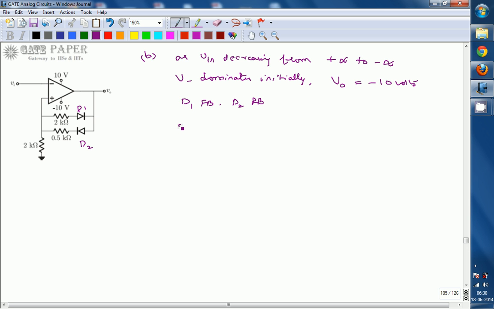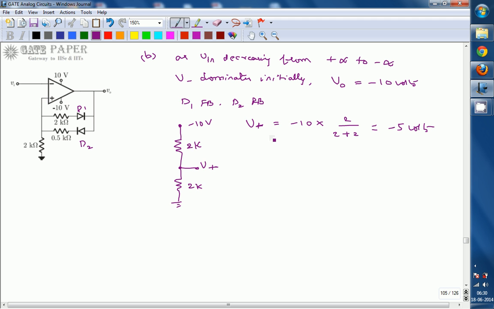Now minus 10 volts is V0, connected to 2 kilo ohms through diode 1, which is forward biased, and this is V plus, which is again 2 kilo ohms. So V plus, the voltage at the non-inverting terminal, can be written as minus 10 times 2 by 2 plus 2, which is minus 5 volts.